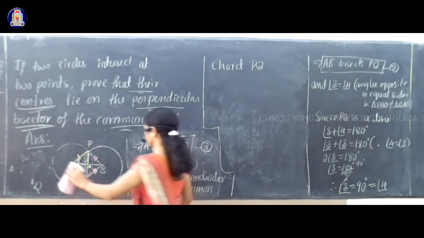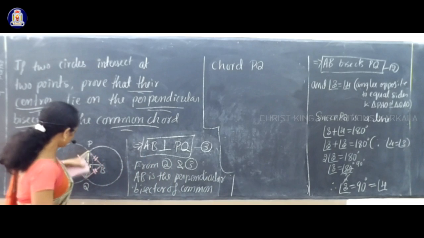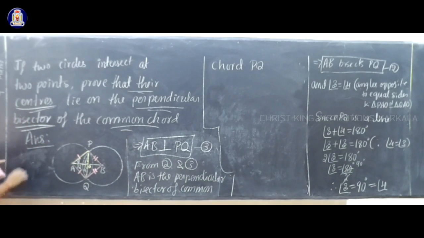I'll highlight one part of this figure. This is PQ and this is AB, and keep in mind that A and B are centers. We told that AB is the perpendicular bisector of the common chord PQ.